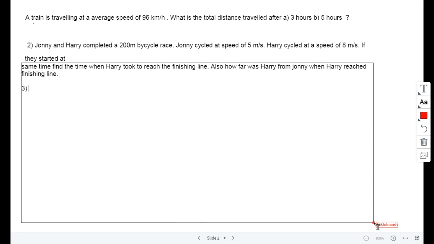These are word problems. So a salesman took one and a half hours to drive from Stirling to Glasgow at an average speed of 72 kilometers per hour.